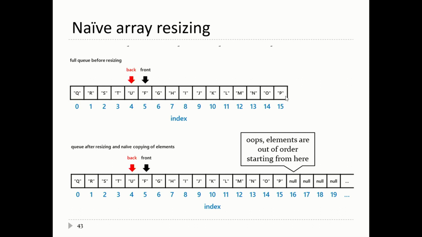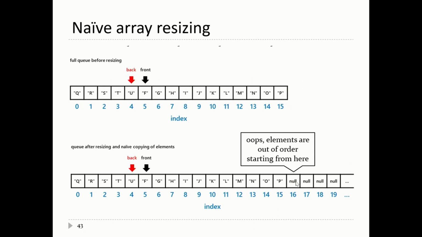If you just use Arrays.copyOf to copy this array into a bigger array, you get a bigger array and you copy all the elements from the old array into the new array. You're going to copy back and front as well, but now you see there's a problem.